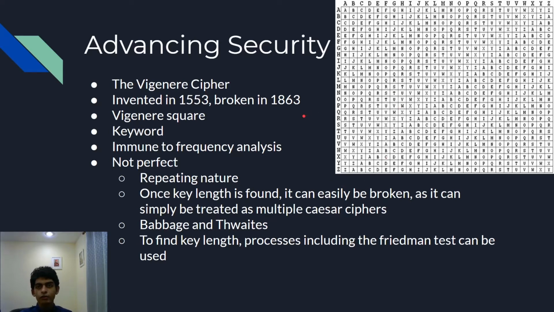So the first thing we do is repeat hi over and over again. Hello is 5 letters, so it would be H-I-H-I-H. Then for the first letter, we'd go to H, and we'd encrypt the first letter of hello with the shift of H, the first letter of the keyword. So the first letter of the encryption would be O. And the second letter, E, instead of being encrypted with H, like a Caesar cipher, would be encrypted with I, because I is the next letter in our keyword.